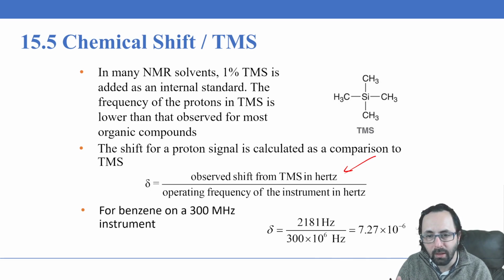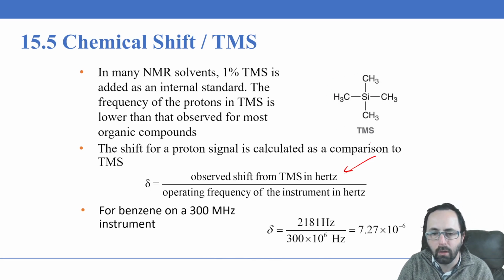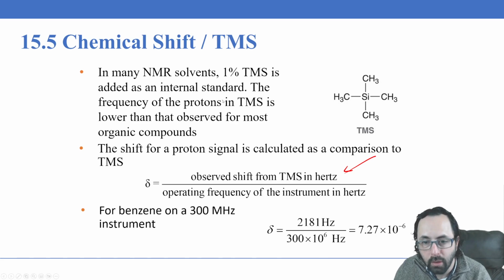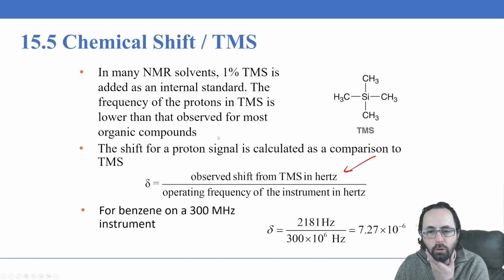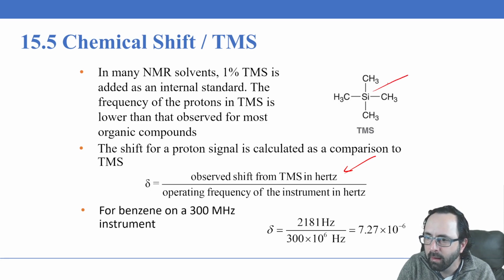And most commonly, a small amount of trimethylsilane, which is this molecule here, is introduced into the sample to give an internal standard or a 0 chemical shift. And all chemical shift, or the frequency absorbed, is going to be measured relative to this trimethylsilane. Now, the reason why trimethylsilane is used is because silicon has a lower electronegativity than carbon.